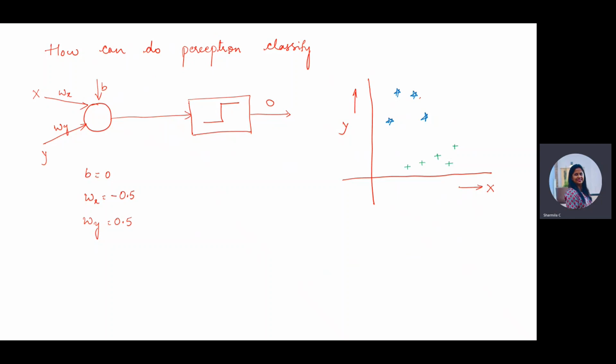What is the aim of the perceptron, or what does the perceptron have to do? We are identifying a decision boundary that is going to classify these instances. Since we are using a single perceptron, it is going to classify the instances linearly.